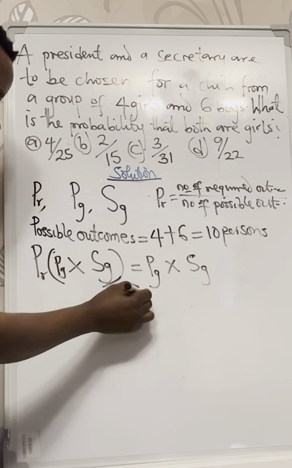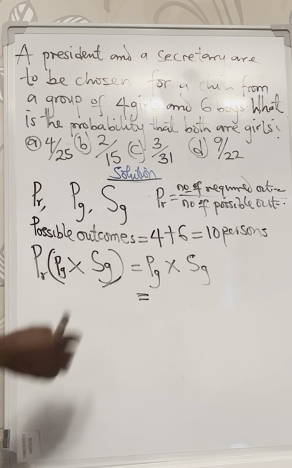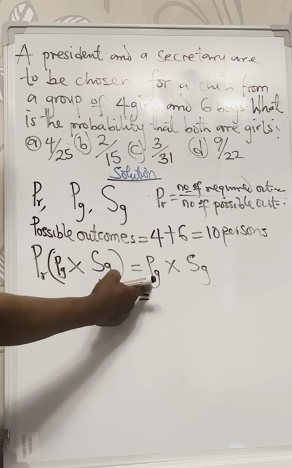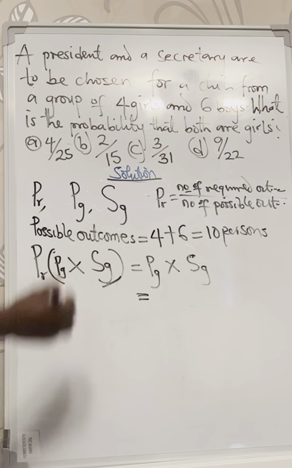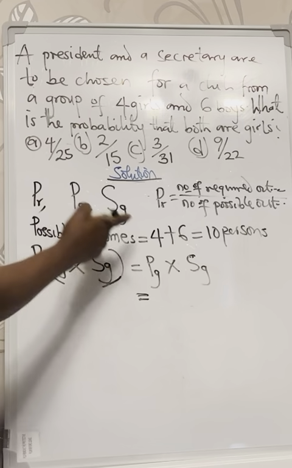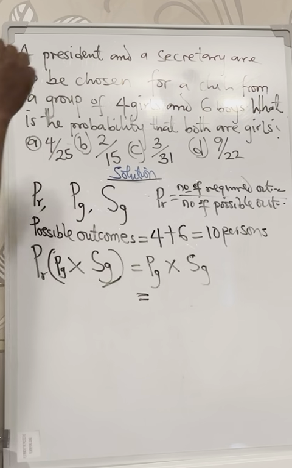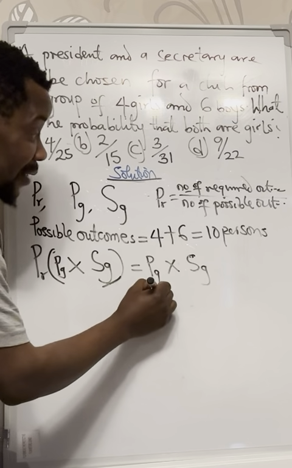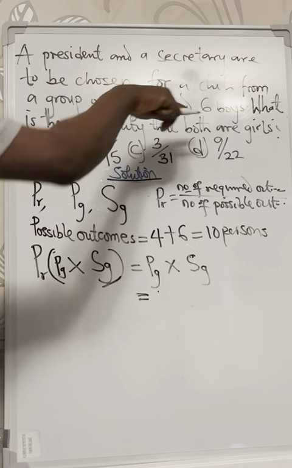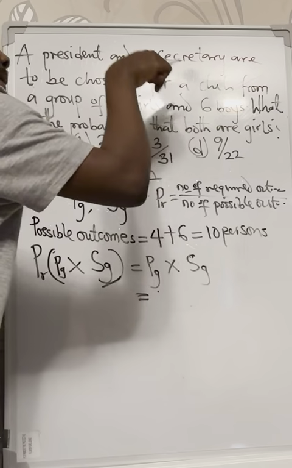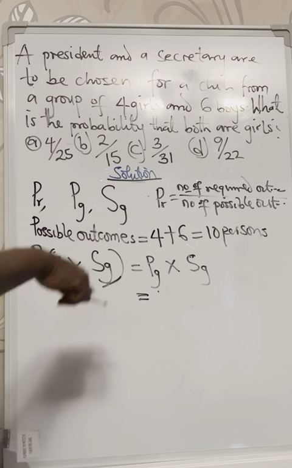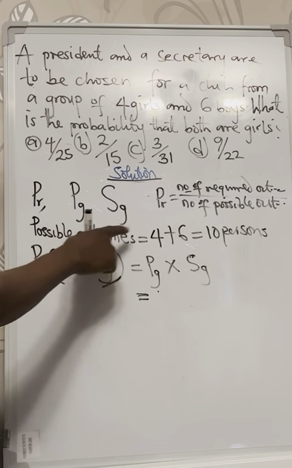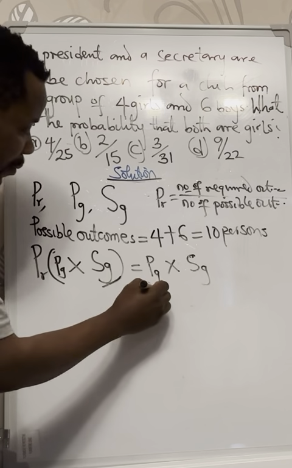From here, if the president is a girl, we have to know the number of girls, since that is what is required here. If the president is a girl, how many girls do we have? Four.